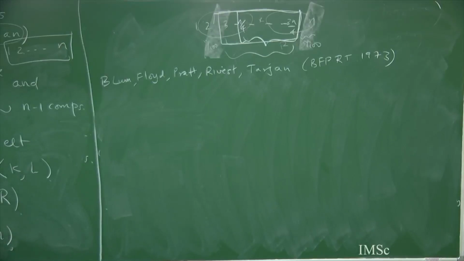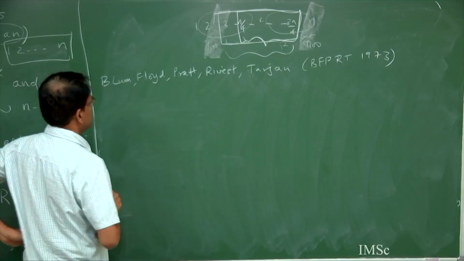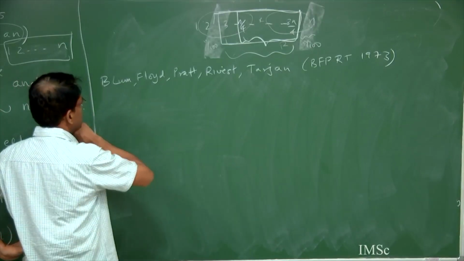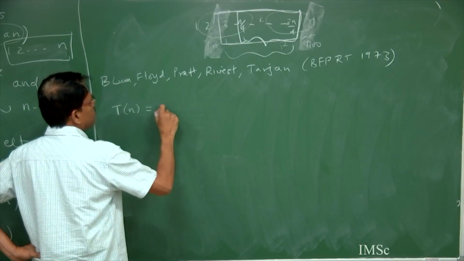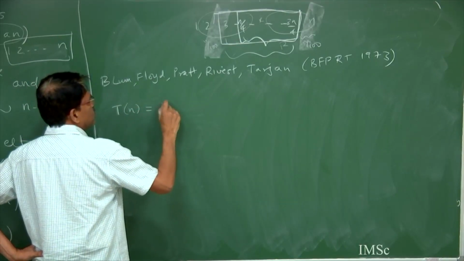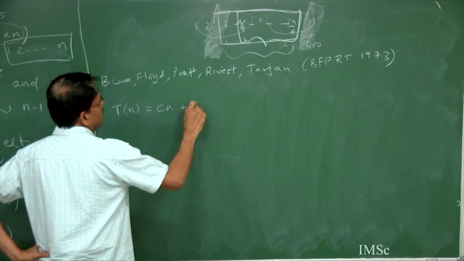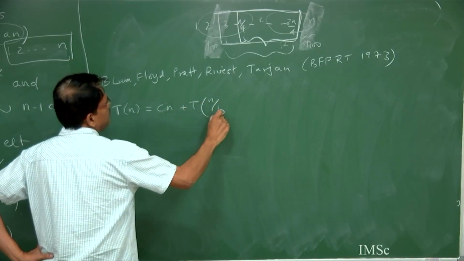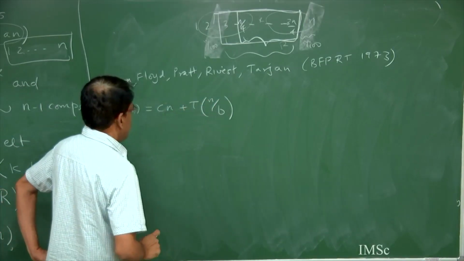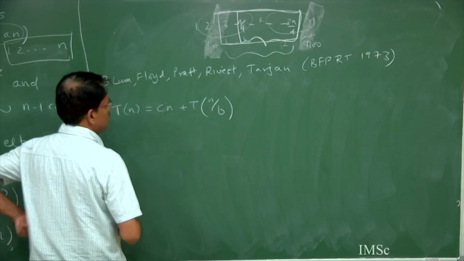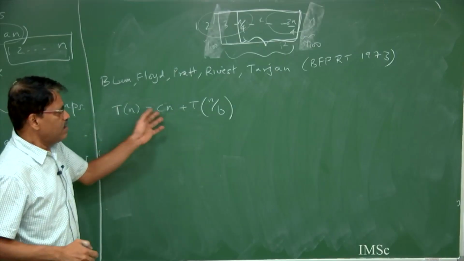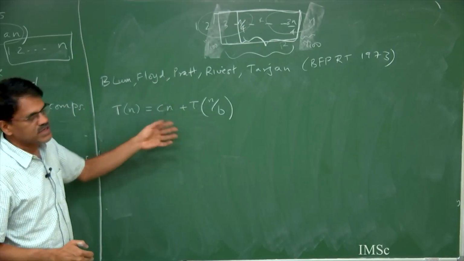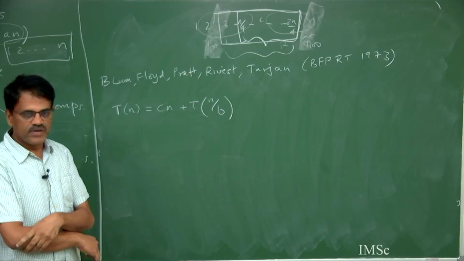Right? Okay, so before that, let me also make one modification to our recurrence relation, then the running time analysis will follow. Remember, what was the recurrence relation we were aiming for? We were aiming for something like Cn plus T of n by b. I am going to expand a little bit more. Why would this solve to linear time? Because you just expand it, it is a geometric series and the whole thing will give you linear.